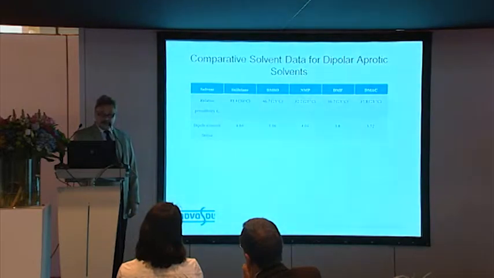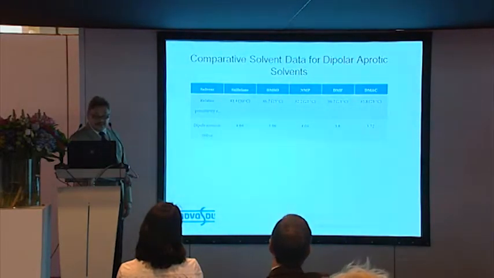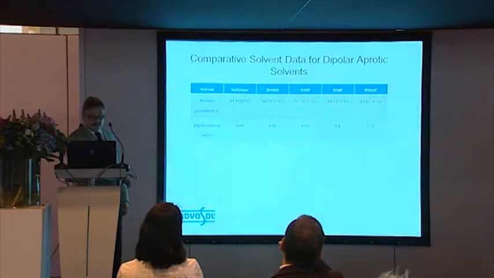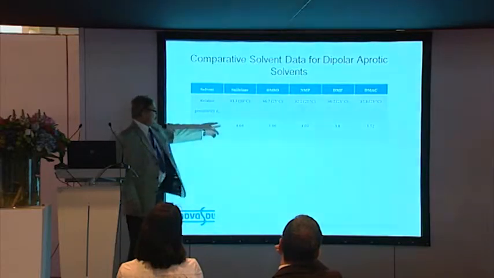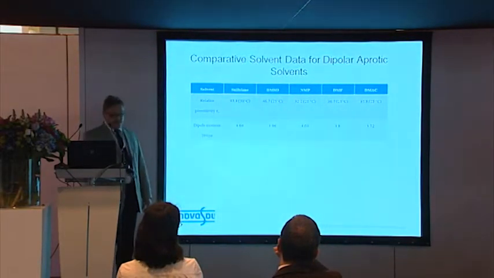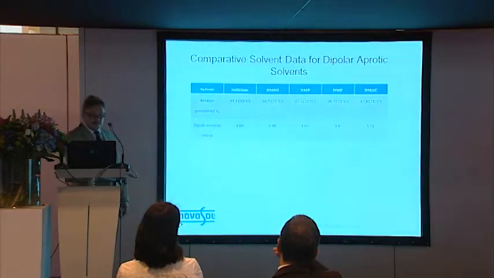The most important data are the relative permittivity and the dipole moment. As you can see, the dipole moment is high for sulfolane, the highest, and it is among the highest also for the relative permittivity.